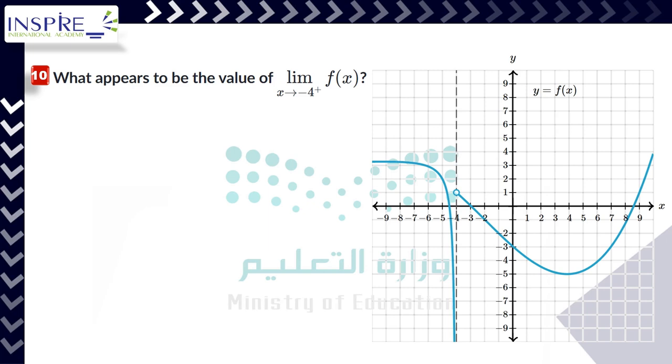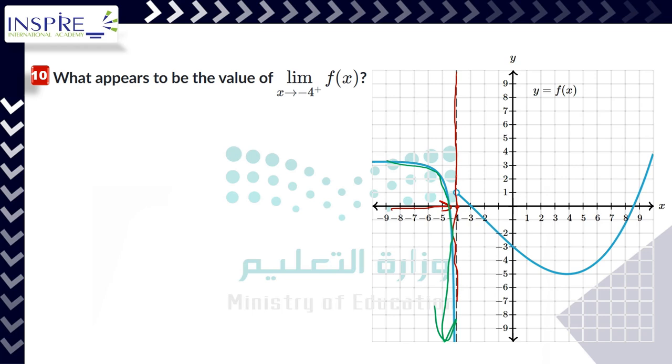Next one, what appears to be the value of limit of f of x as x approaches -4 from the positive side? The same, we will locate -4, we will draw our vertical line, and this time we will trace it only from the positive side.